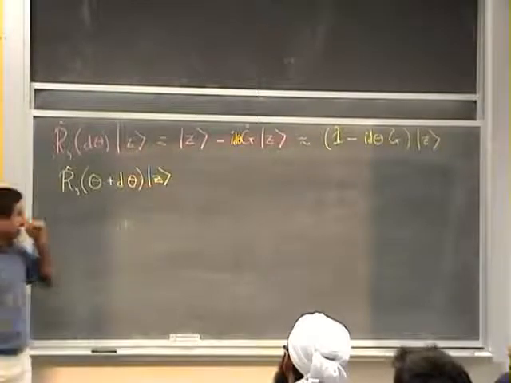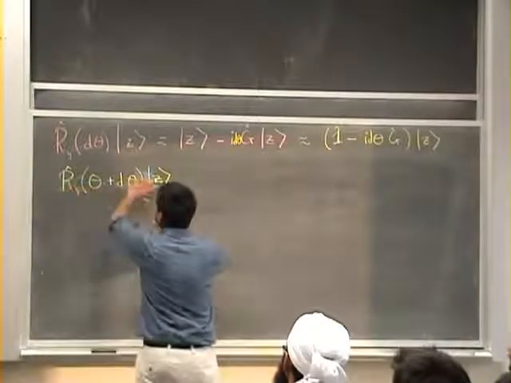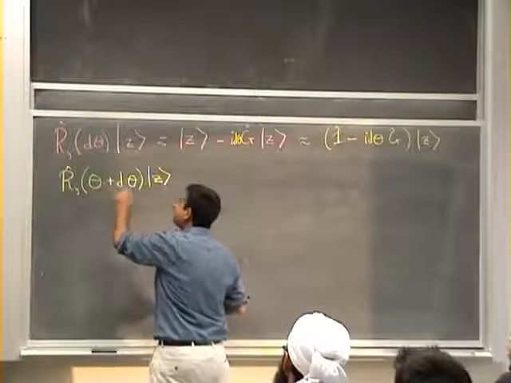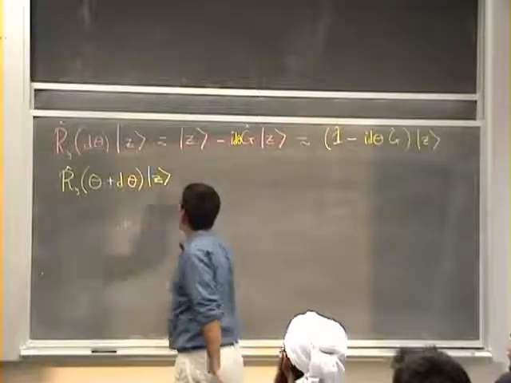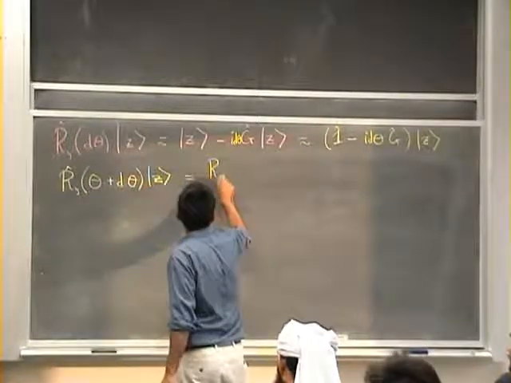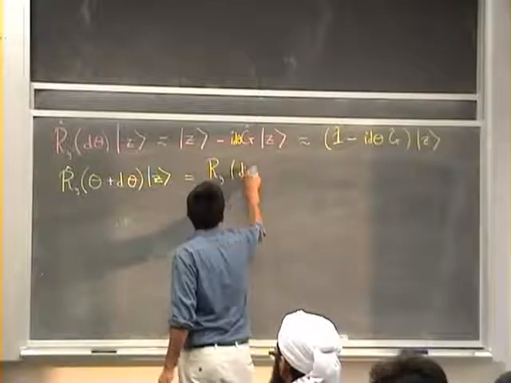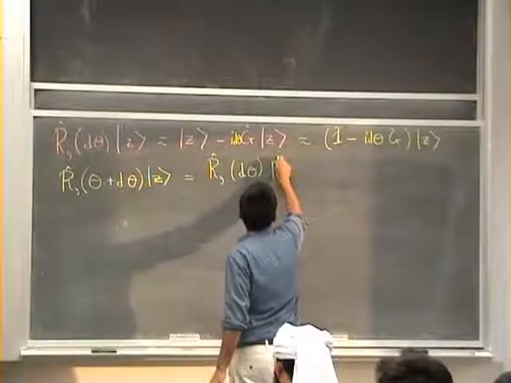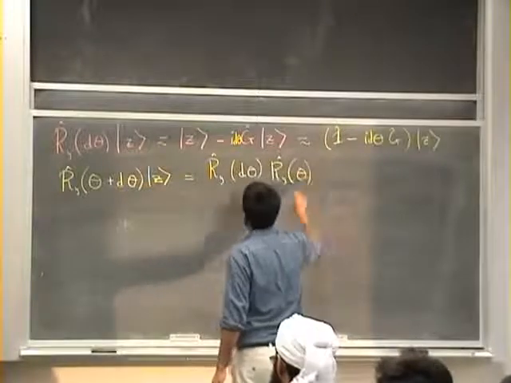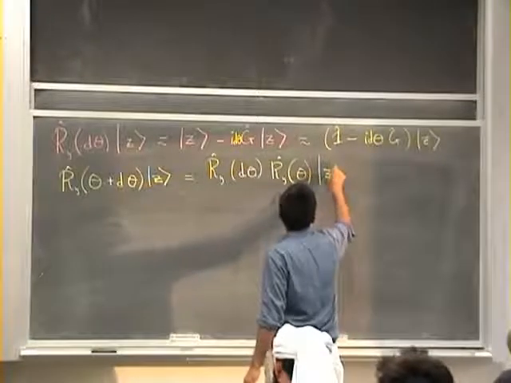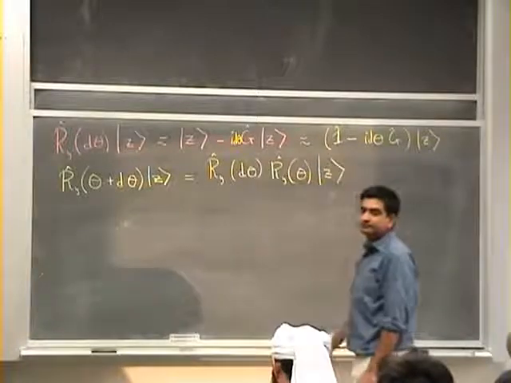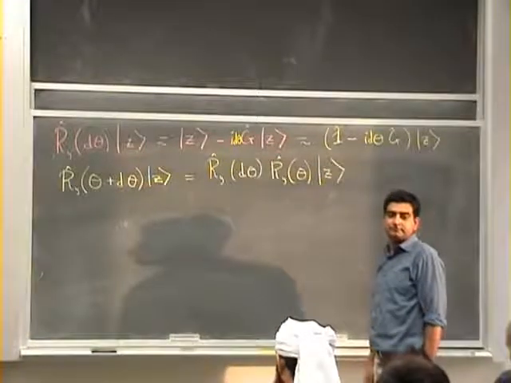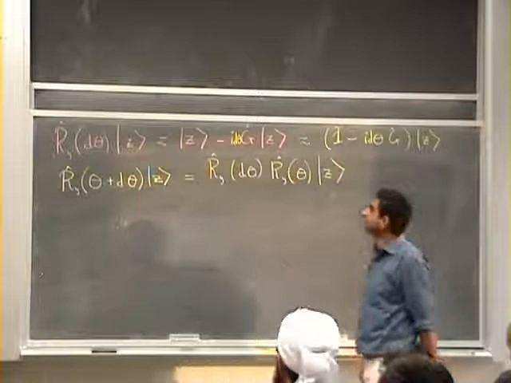Okay. Hence, I can break this rotation through theta plus d theta into two parts. I can do a rotation through d theta, and I can do a rotation through theta, right? Acting on z. ठीक बात है.